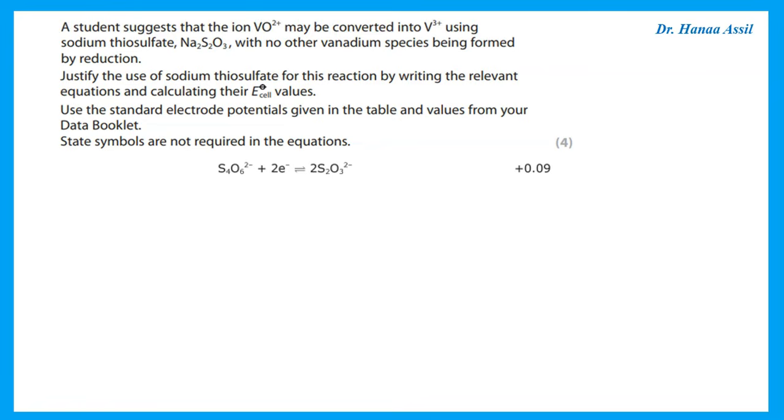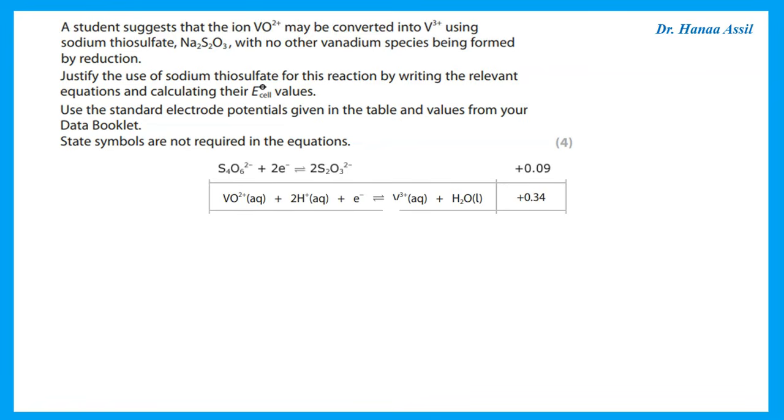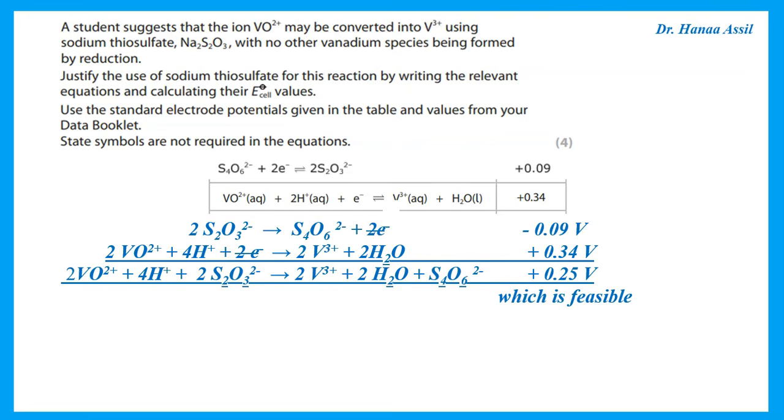So what do we want? We're looking at the S4O6 going to S2O3 because the question says we want to convert VO2 plus to V3 plus, and we get these E notes from the data booklet.